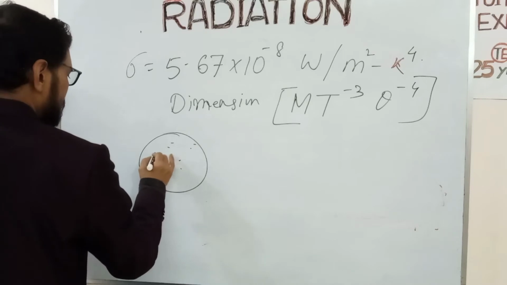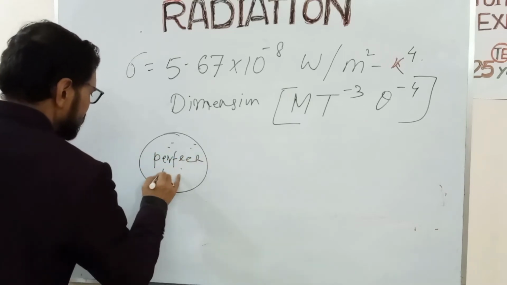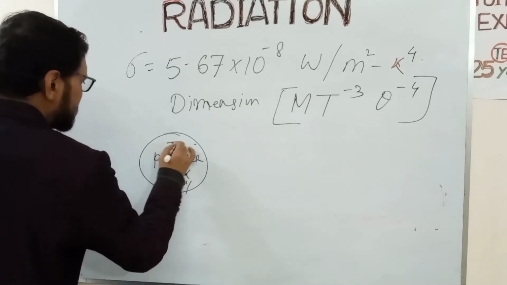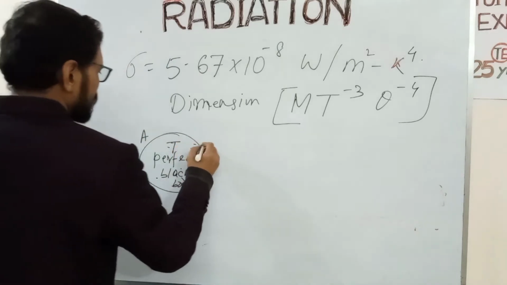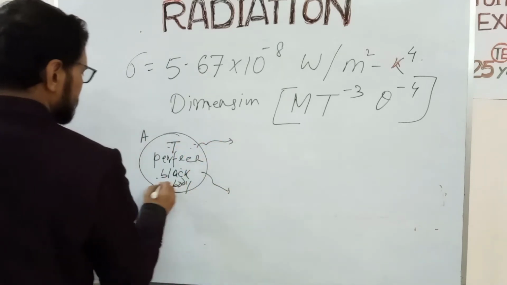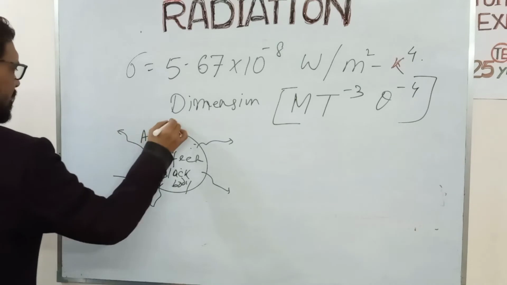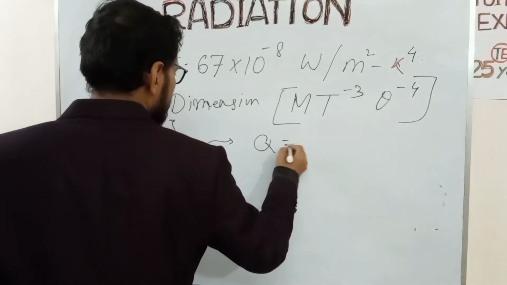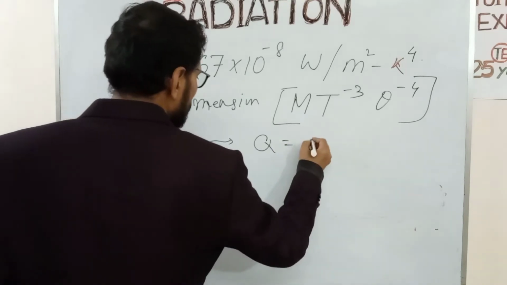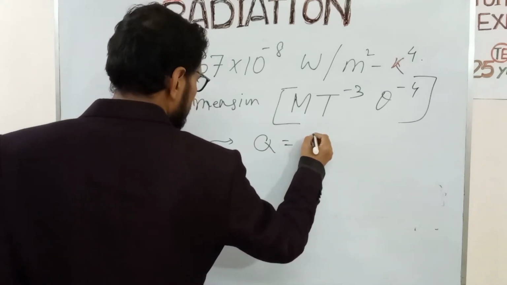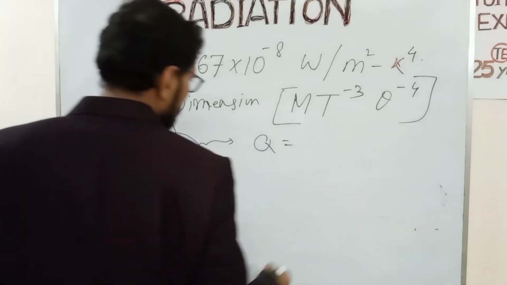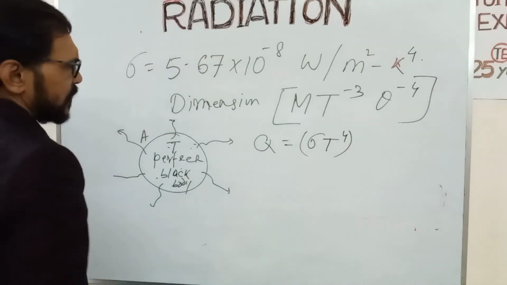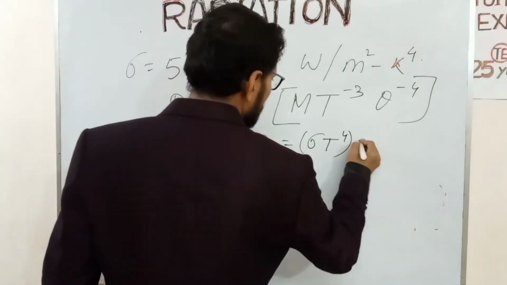Suppose a perfect black body has temperature T and surface area A, and Q is the heat radiated in t seconds. Then Q equals sigma T to the power 4, which is the energy radiated per unit area per second, into area into t.